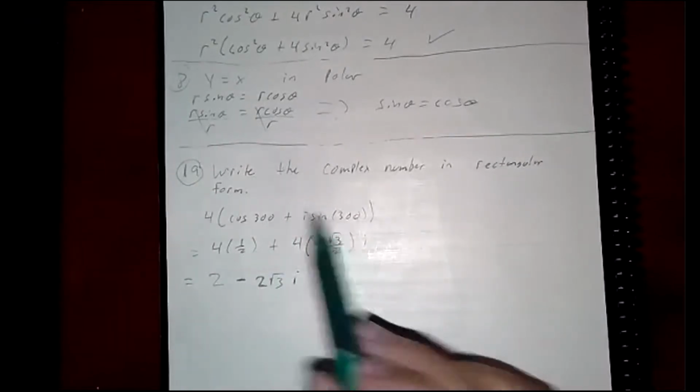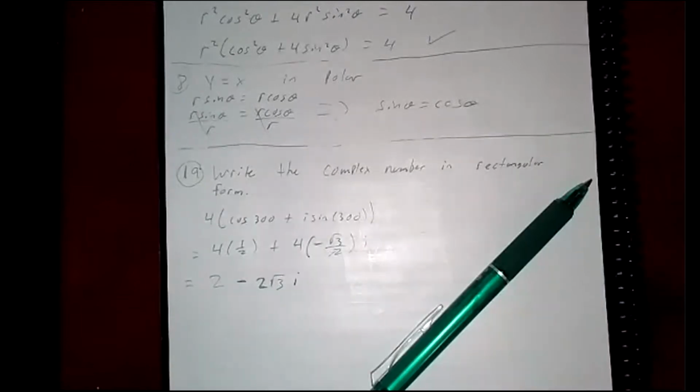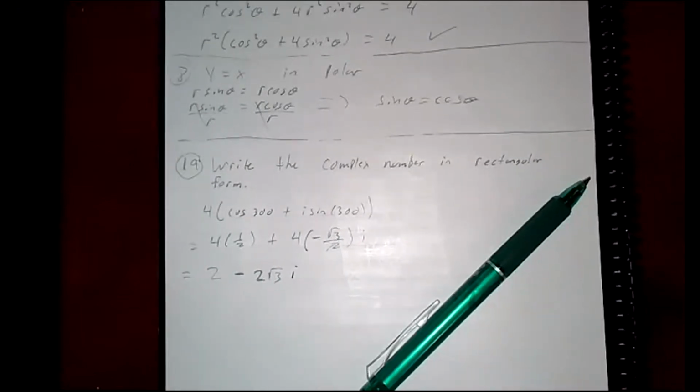What is cosine multiplied by 4? There's nothing else to do for question 19.